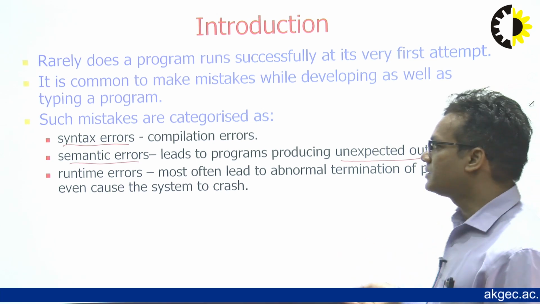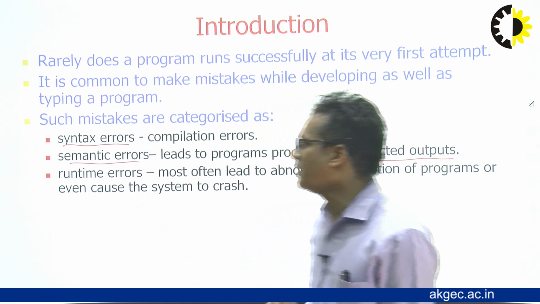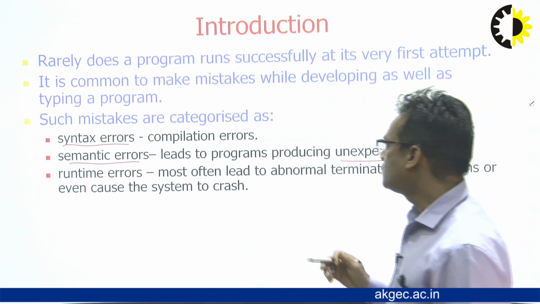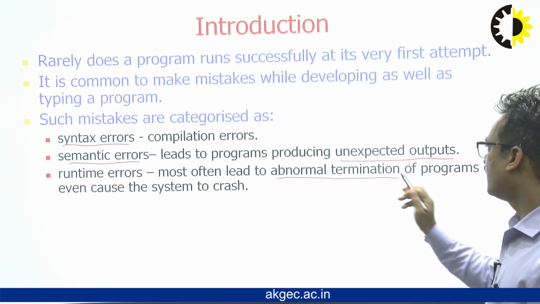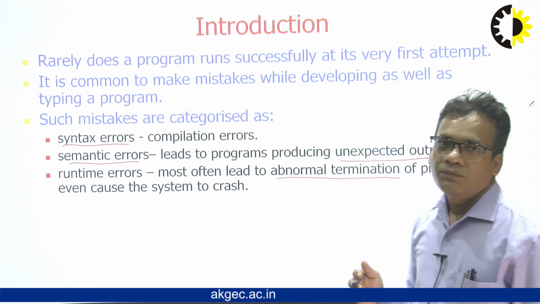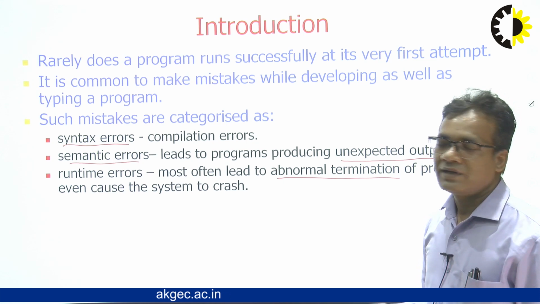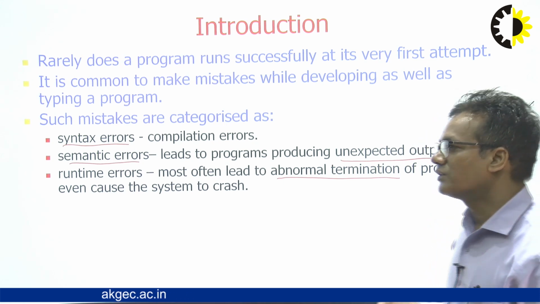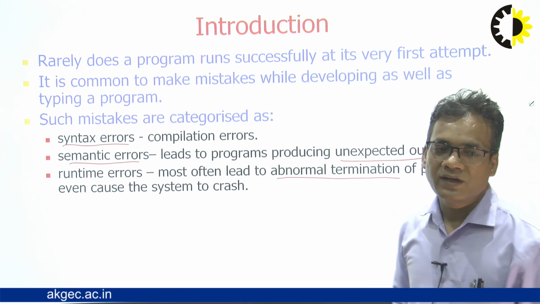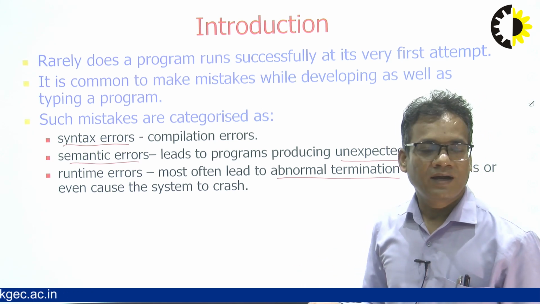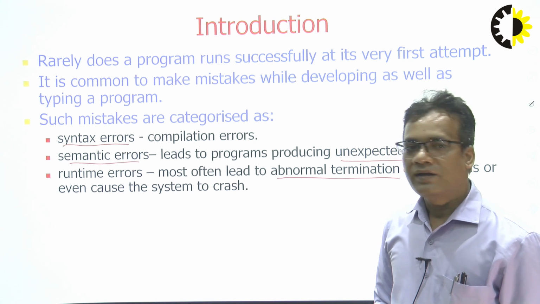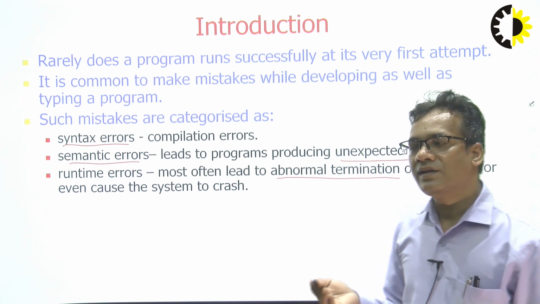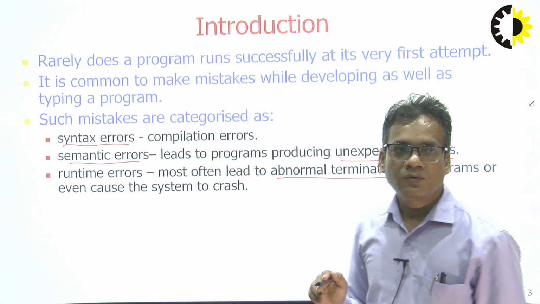The third type of error is runtime errors. Runtime errors are very critical errors. How are they critical? Because they come during runtime. Suppose we are starting a journey and we do not check our car and in between it breaks down.